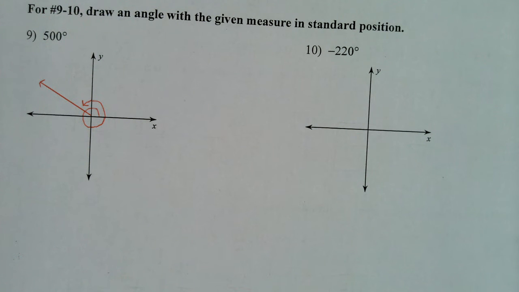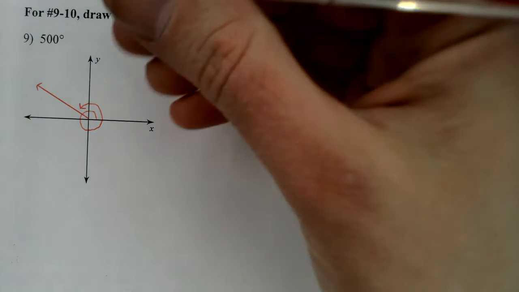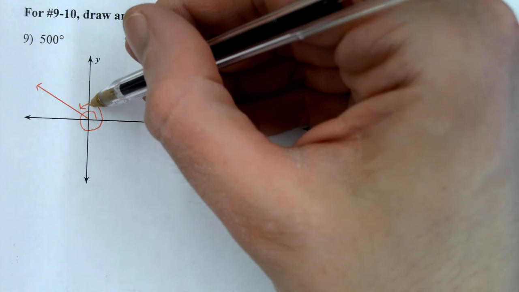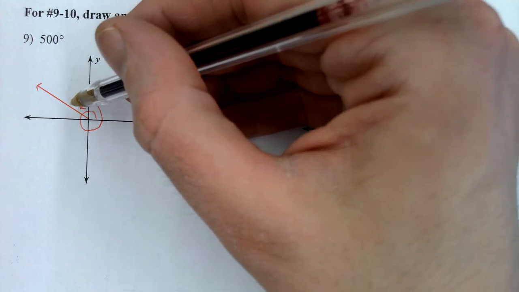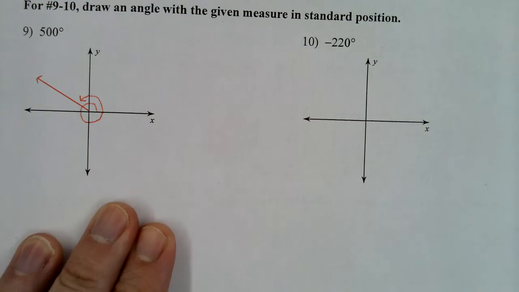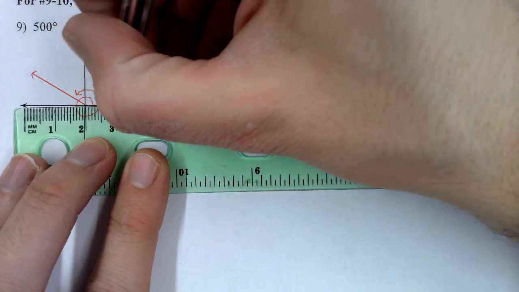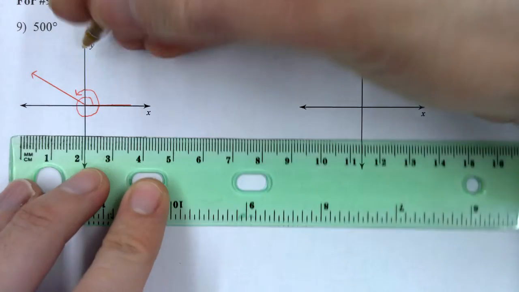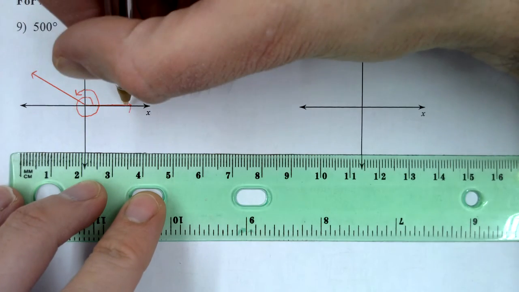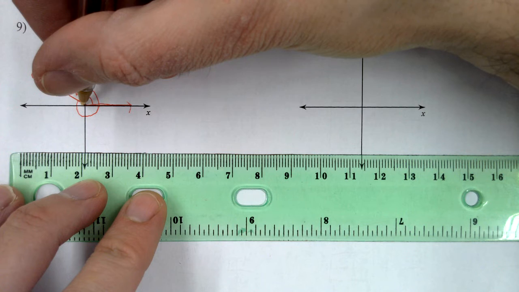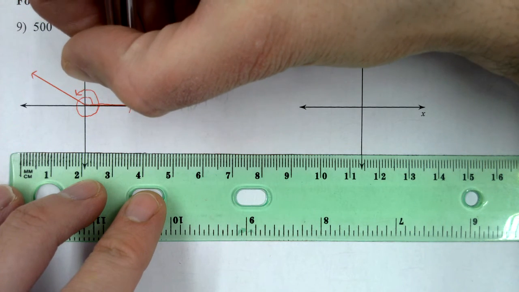You're going around once, then another 140. So if I go around once, that's 360, plus 90 is 450, plus another 50, it brings me around right there. Let me draw in the initial side as well. It's hard to see that because it's on the x-axis, but something like that. Okay.